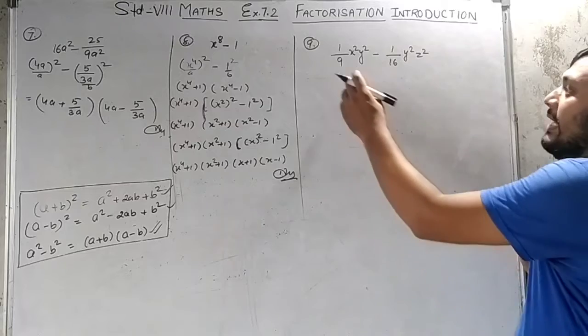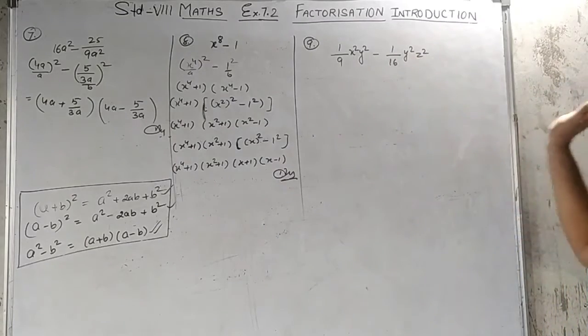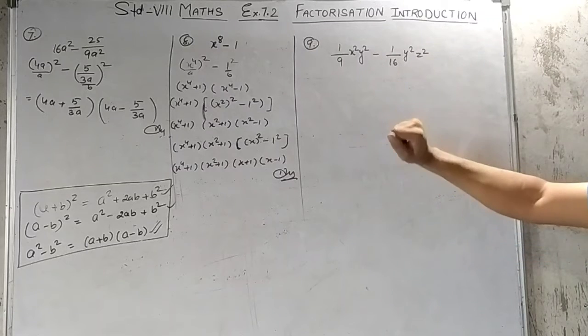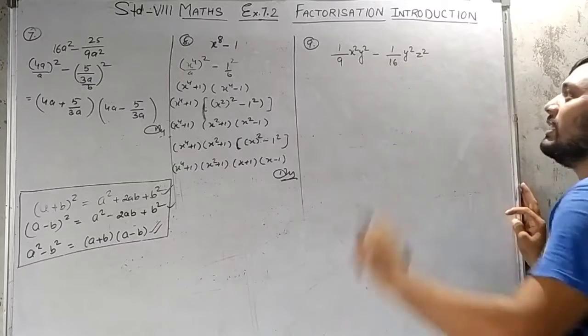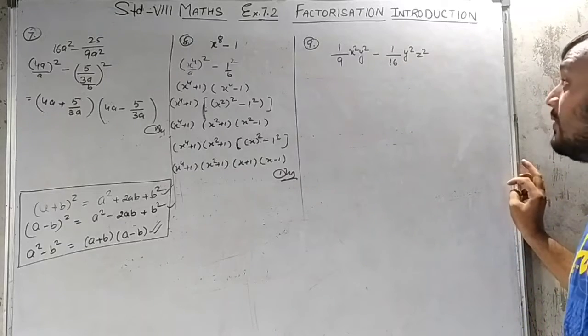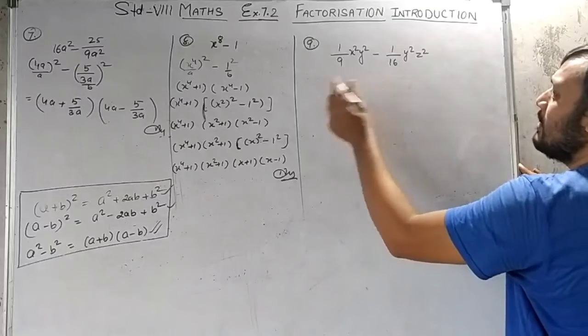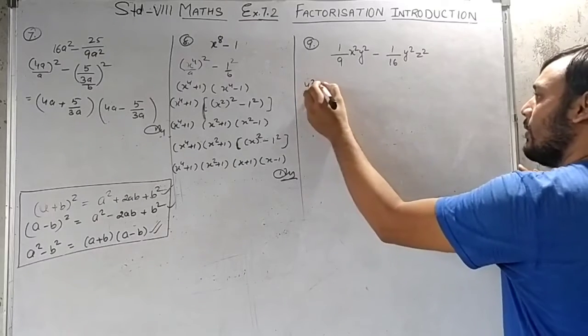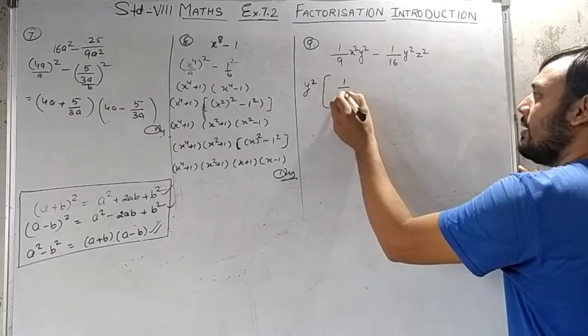Okay, so here what we can do. Is there something common here? Can you observe please? Yes, that is what? It's y square. Y square we can find out as common. So if we take y square as common, what will we write here? y square. Inside, what will remain here?